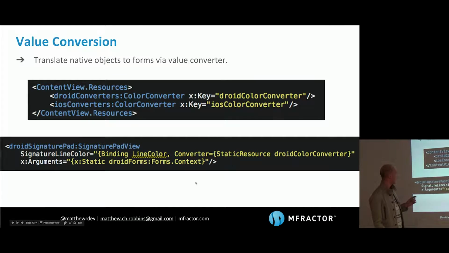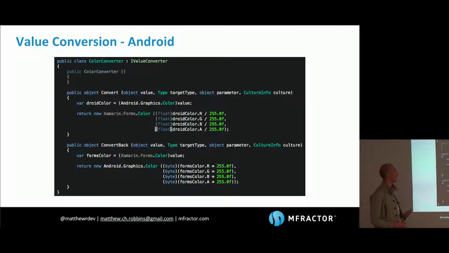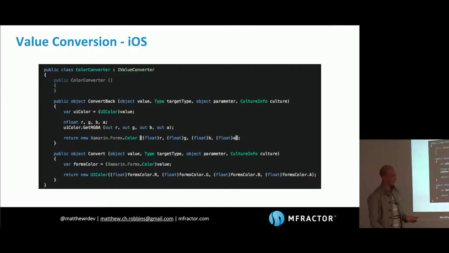That would take the UIColor, the type for signature color, drop it into the color converter, and then it will output a Xamarin.Forms color. So this would be the implementation for Android. We're taking in the Android graphics color, sending out a Xamarin.Forms color, and vice versa in the ConvertBack method. It's much the same for iOS as well.